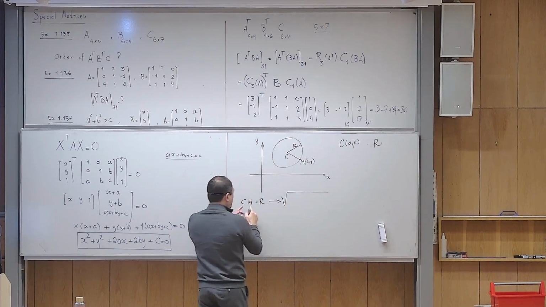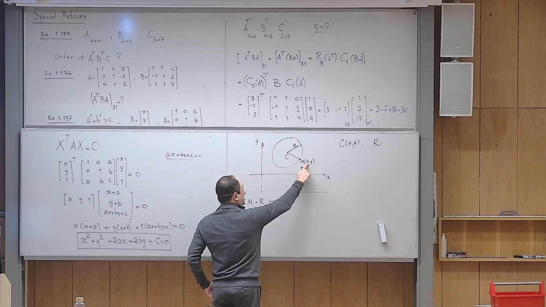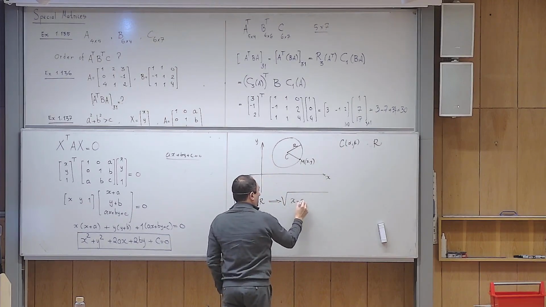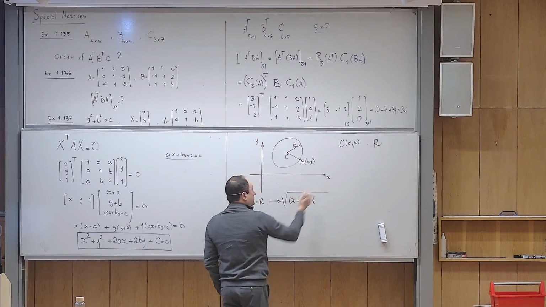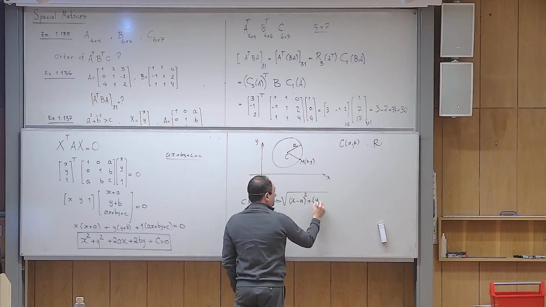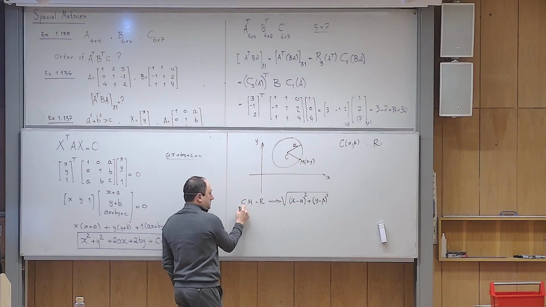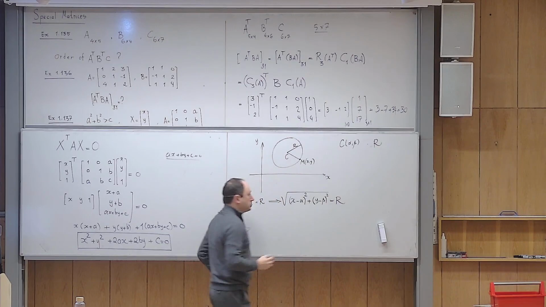The x coordinate here is x, the x coordinate of C is alpha, so this becomes x minus alpha to power 2, plus the difference between y coordinates squared. This square root gives me the distance between C and M. It is supposed to be r. So this is your equation.